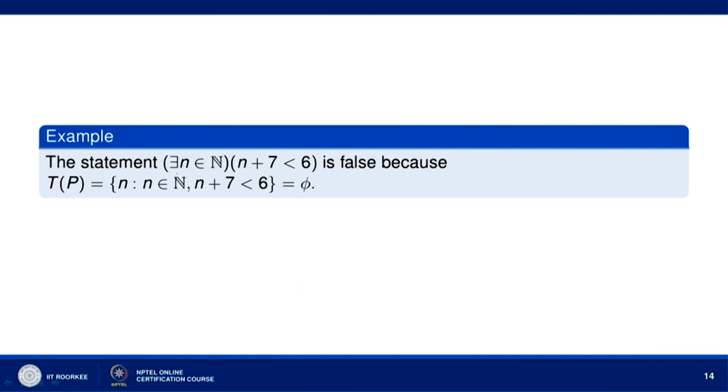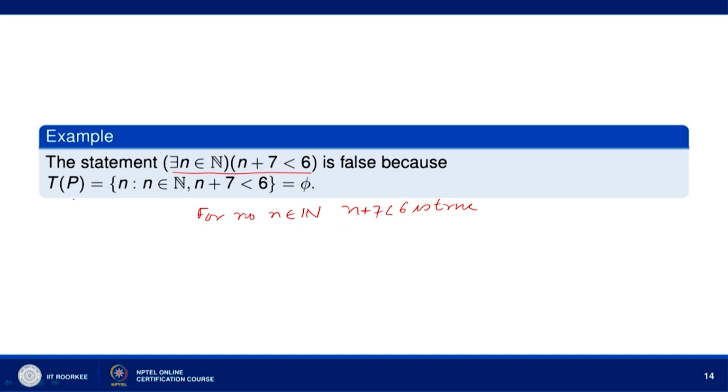Now, let us look at this statement: there exists n belonging to N, n plus 7 less than 6. You can see if you take any n equal to 1 or 2 or 3, then n plus 7 less than 6 is always false. So for no n belonging to N is n plus 7 less than 6 true.